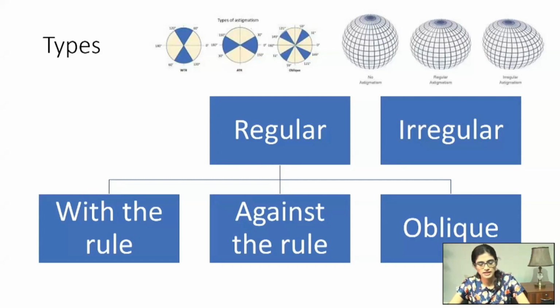So one of these meridians would be steeper than the other, not both. That is regular astigmatism. Irregular astigmatism is when the cornea is very irregular and doesn't follow a pattern of these rules, so it doesn't fall into any of these categories.